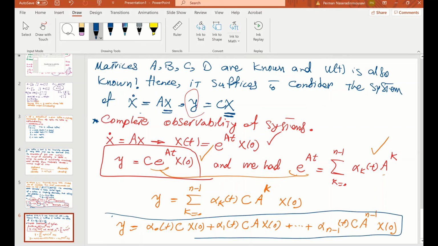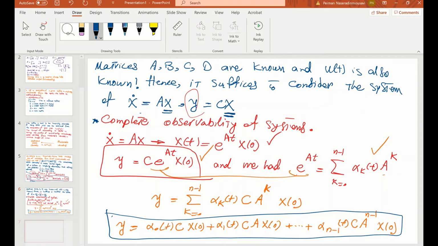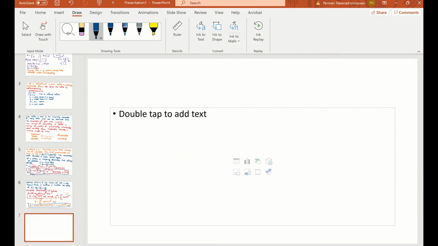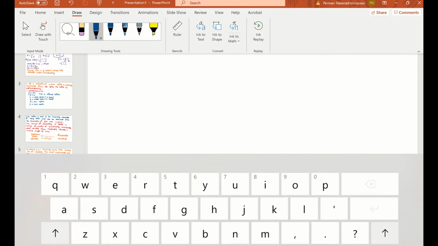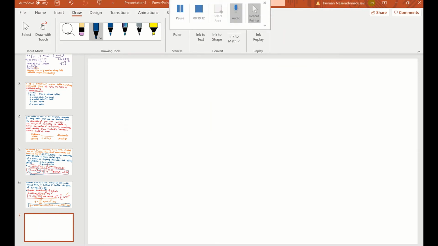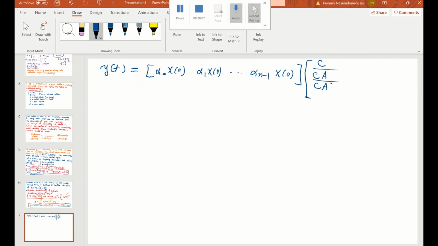Here we go. Now I can write this as y of t is equal to, for example, like this: alpha naught, alpha 1, until alpha n minus 1, times a matrix with C, CA, CA squared, until CA to the power of n minus 1, times x naught.